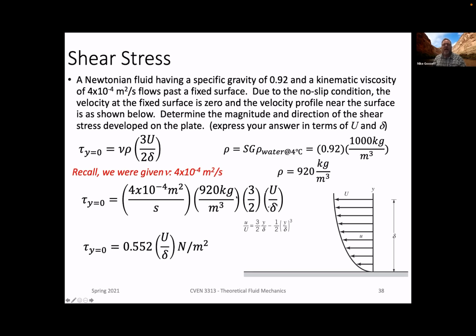And that delta here will be some height in meters. You just need to include that, but you should come out with newtons per meter squared. And the only other point I make is that would be the expected tau unit equivalency when you're working through a shear stress problem like this, because it should be force per area.